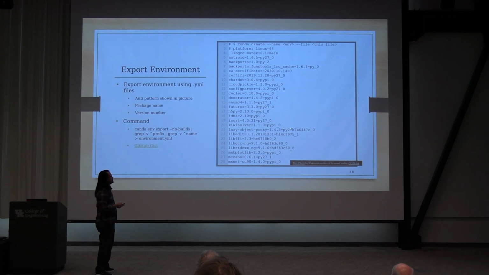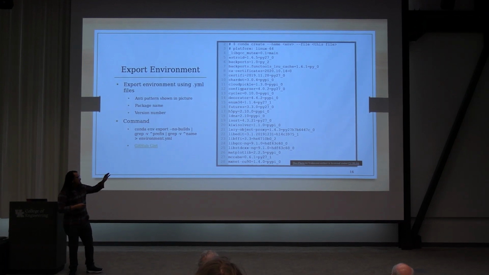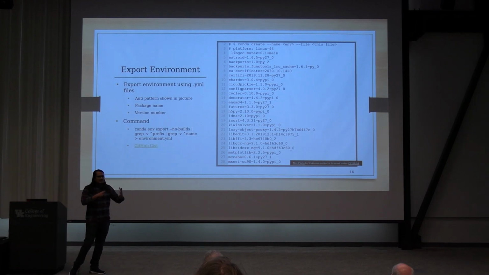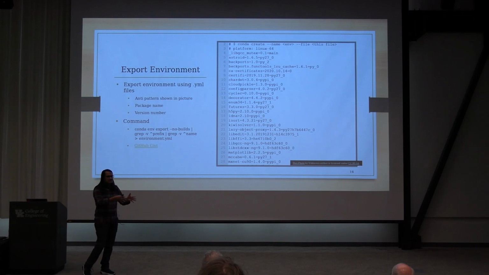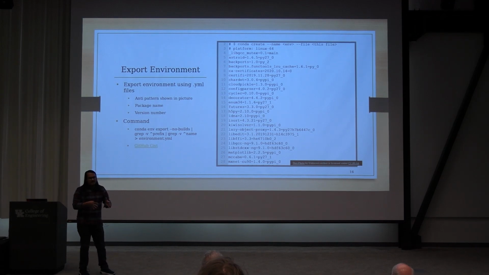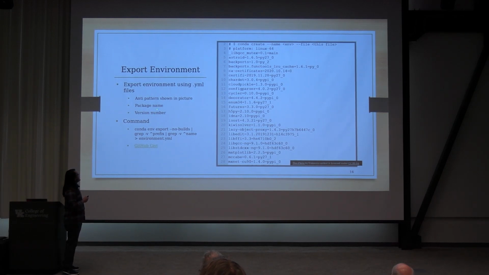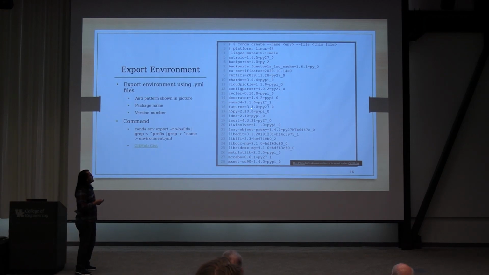Then over here, you don't want these extra numbers. Whenever you install a package, it adds some extra information that is local to this machine and this environment that you have. So when you want to export your environment, you should have only the package name and the version number. So you want futures 3.3.0, that's it. You don't want anything on the right.